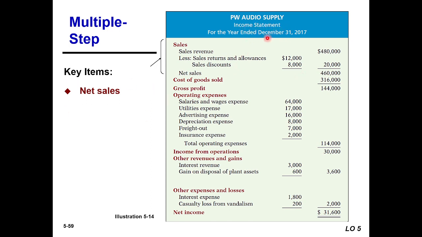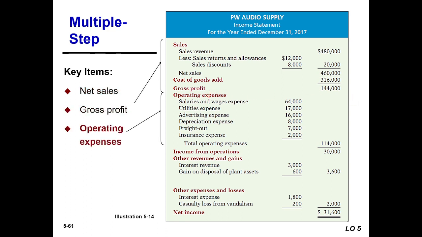PW Audio Supply income statement for the year ended December 31st, 2017. This is the sales, that means sales revenue less sales returns and allowances and sales discounts. After subtracting, we get these figures, and this is the cost of goods sold. This is the gross profit section.